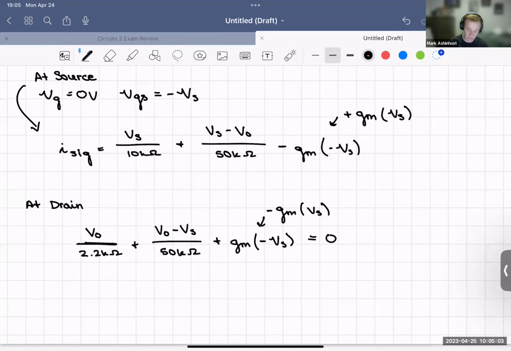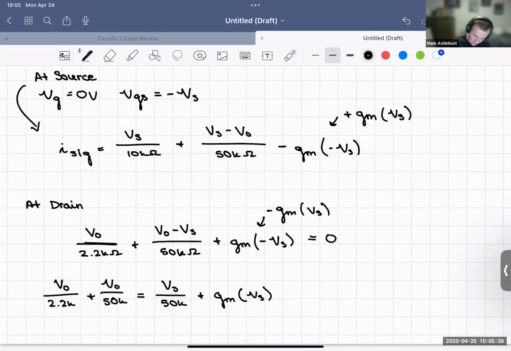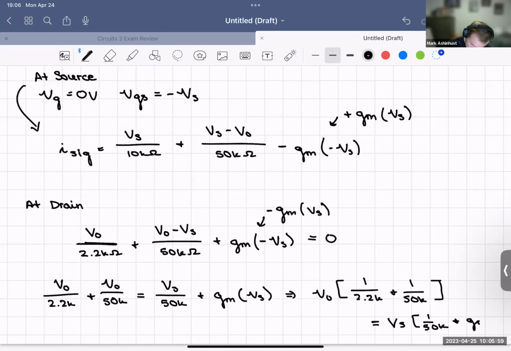In this case, we're going to do V out in terms of VS. So V out over 2.2K plus V out over 50K equals VS over 50K plus gm VS. So we get V out times (1 over 2.2K plus 1 over 50K) equals VS times (1 over 50K plus gm).